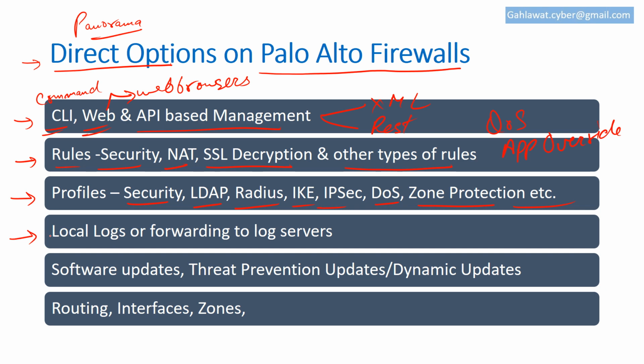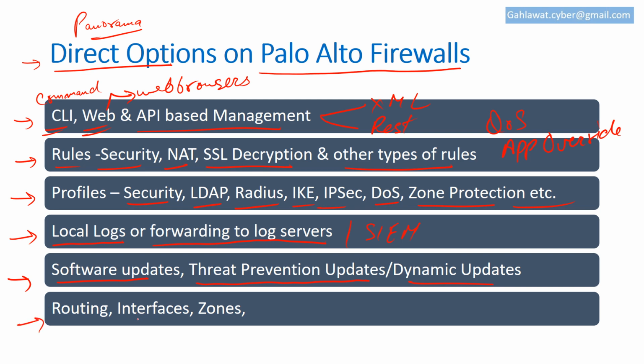Then on each of the individual Palo Alto firewalls, the traffic logs can be stored locally or those can be forwarded to log servers like SIEM servers. On the Palo Alto firewalls, the admins can manage the software updates, the threat prevention updates, or the dynamic updates.